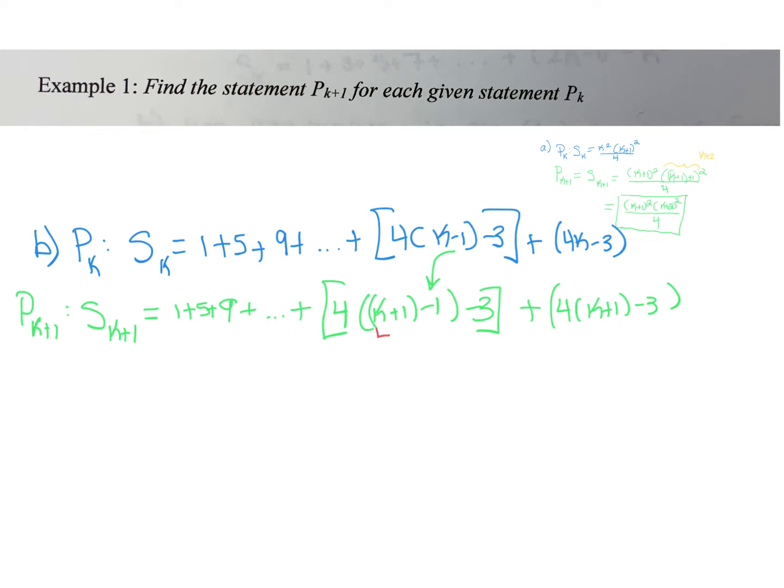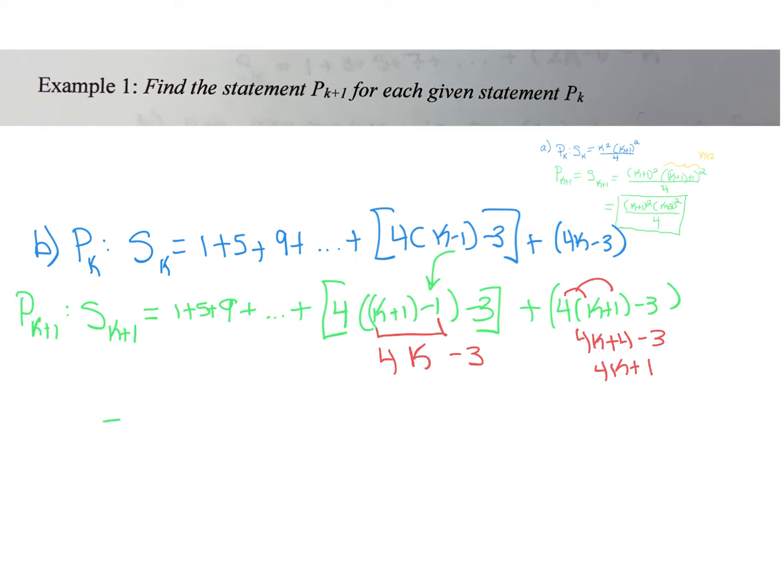In here, this piece right here is really just a k, because plus 1 minus 1 makes just a k. So then I have 4 times k, and then minus 3. This one, I get 4k plus 4 minus 3, because you have to distribute the 4 in. So this is really 4k plus 1. So now let's clean it all up and write it nicely.